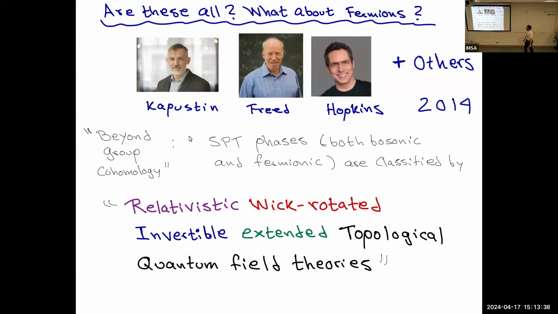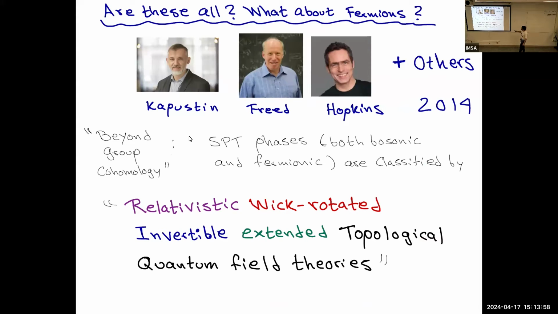Okay. So are these all possible phases? What about fermions? People said, okay, this classification works well for bosons, but we should generalize it to include fermions.